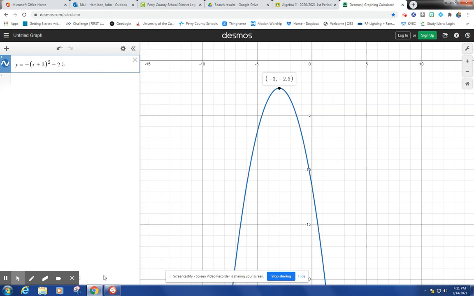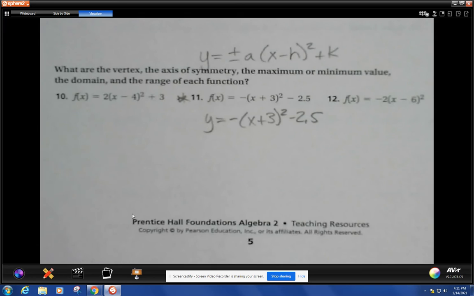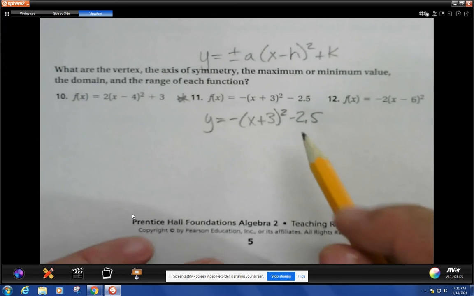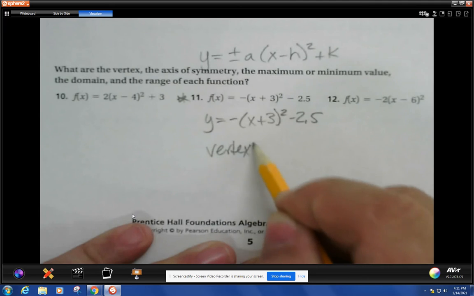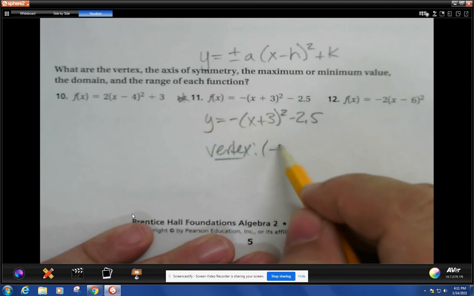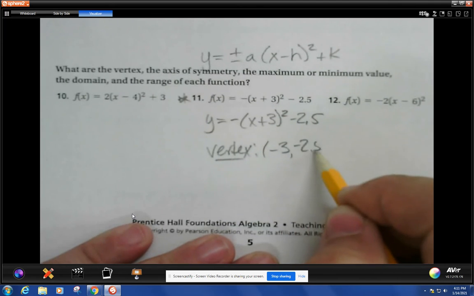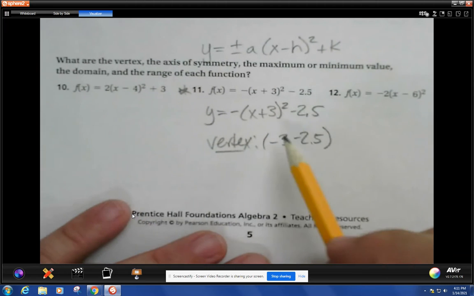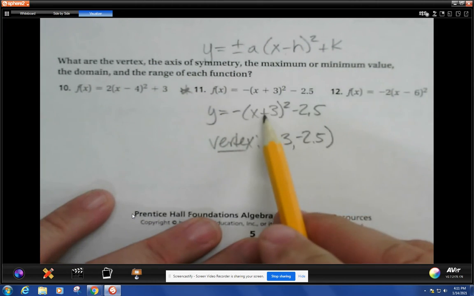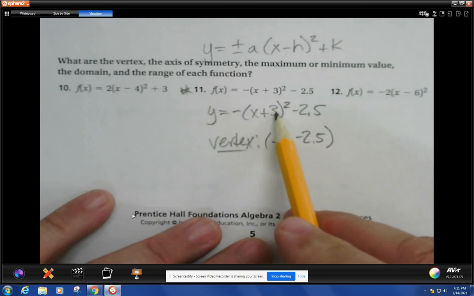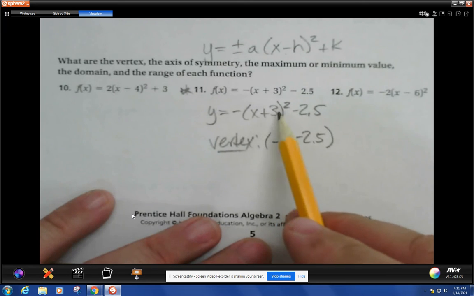Okay, so let's go back to our notes here for just a second. And what I want you to notice is I figured out that the vertex is -3 and -2.5. Well, notice in my formula, I already had a -h. So in order for this to be a +3, that meant that my original value that went here had to have been a -3.